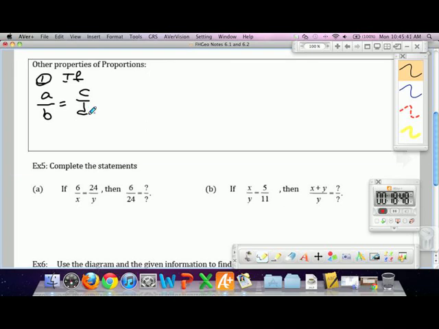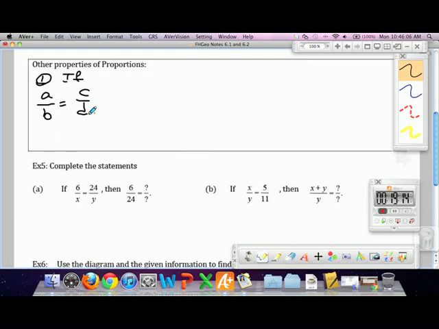It's predicated on the idea that when we solve this, all we're doing is cross multiplying. If you know this proportion is true, then the following two proportions must also be true. If I flip one of them along the diagonal, I get the following proportion.